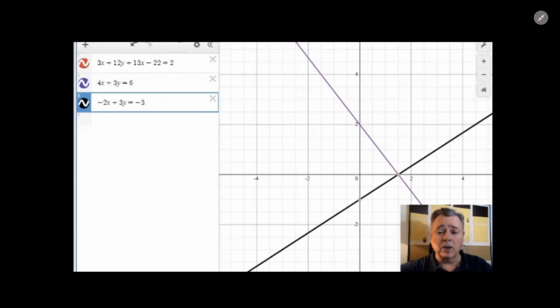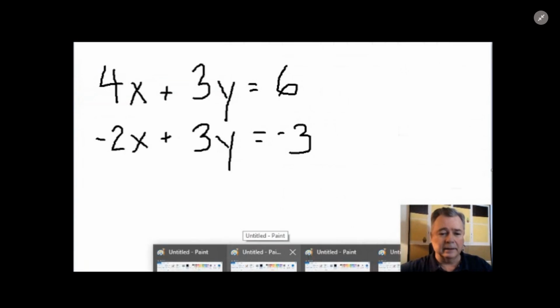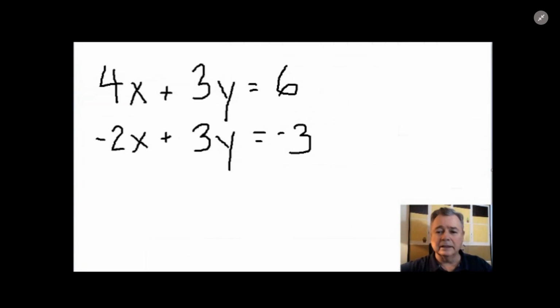Now, if we want to determine where these two lines intersect, we use either the substitution or the elimination method. And the standard form helps us because we can subtract the two equations here.